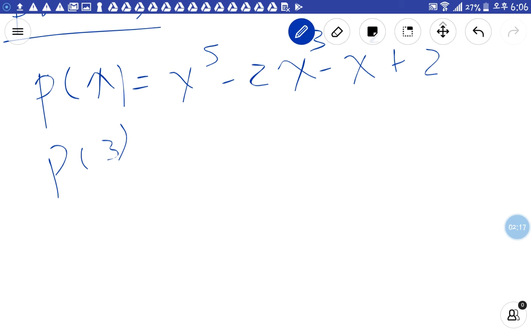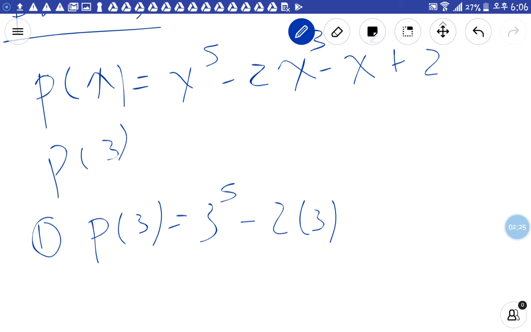So my first method, plug in 3 onto x, which is 3 to the 5th power minus 2 times 3 cubed minus 3 plus 2. So 3 to the 5th power. What is 3 to the 5th power, guys? 3 times 3 times 3 times 3 times 3, which is 243.